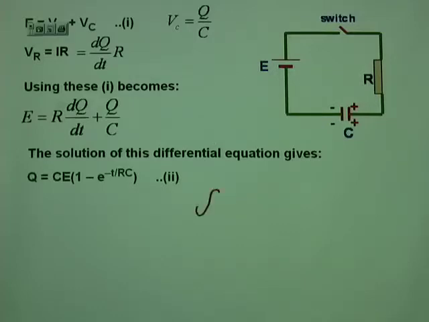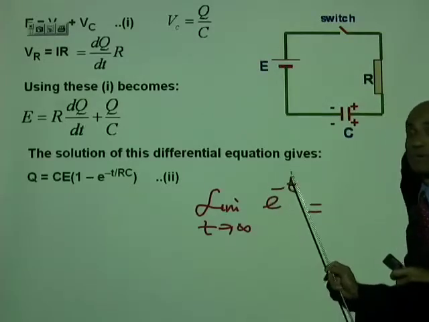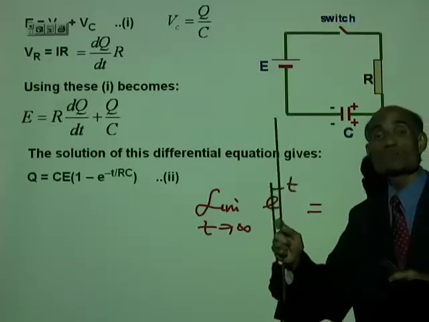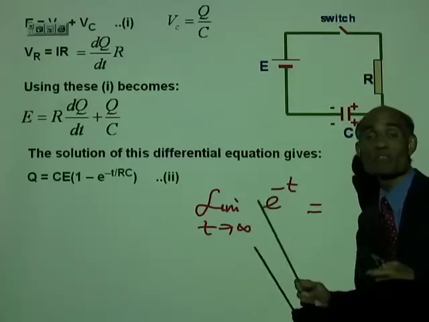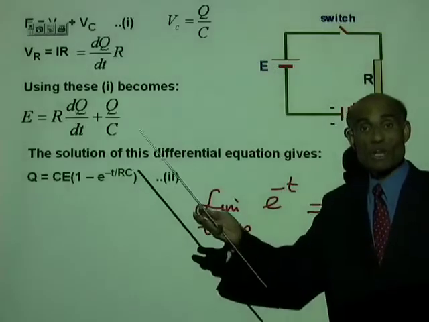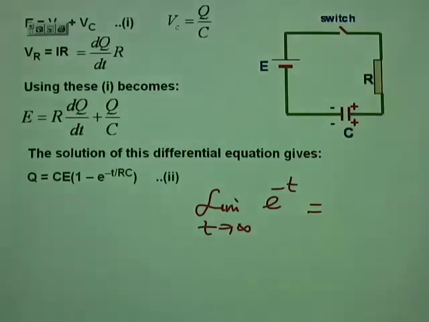What is the limiting value of e to the power of negative t as t approaches infinity? Well, e to the power of negative t is 1 over e to the power of t. When t becomes infinite, the denominator becomes very large, so this quantity is 0.